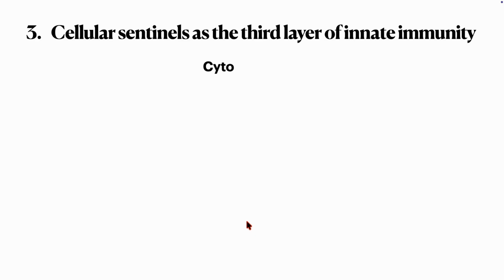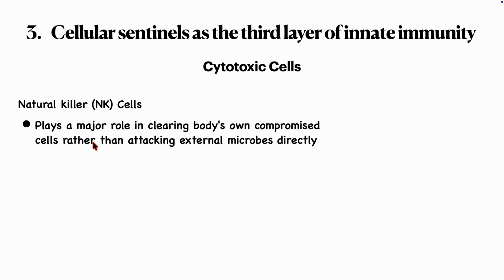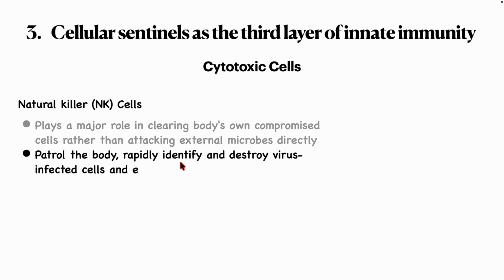Another group, cytotoxic cells, plays a major role in clearing the body's own compromised cells rather than attacking external microbes directly, and it is called natural killer cells, or NK cells. NK cells patrol the body, rapidly identify and destroy virus-infected cells and early-stage cancer cells.